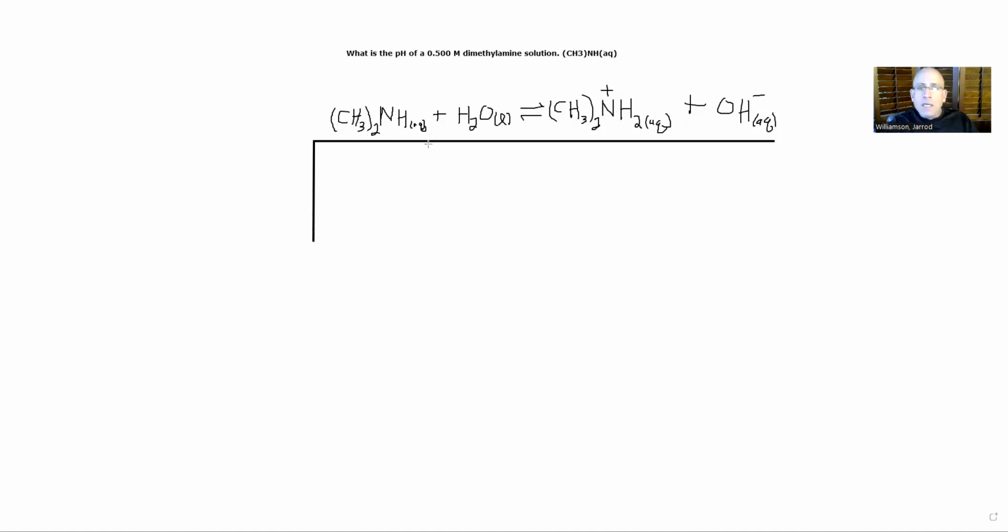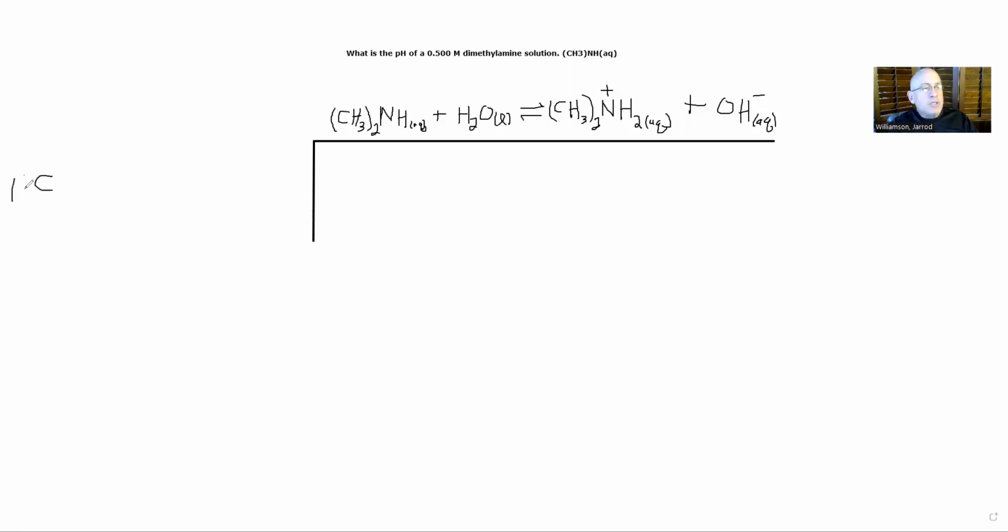So I wrote the equation of the base reacting with water. We got (CH3)2NH plus water makes this plus that. And what's going on, just to teach you guys, is let's do this. I want to make the line a little bit smaller.